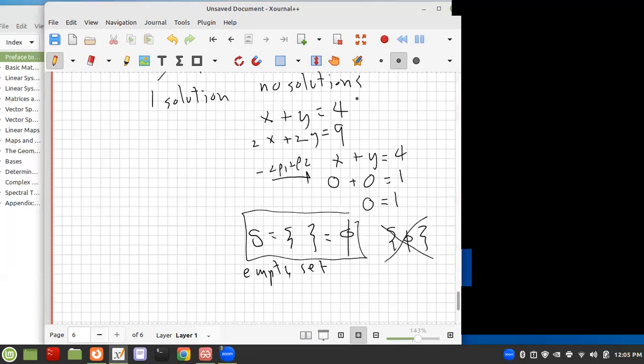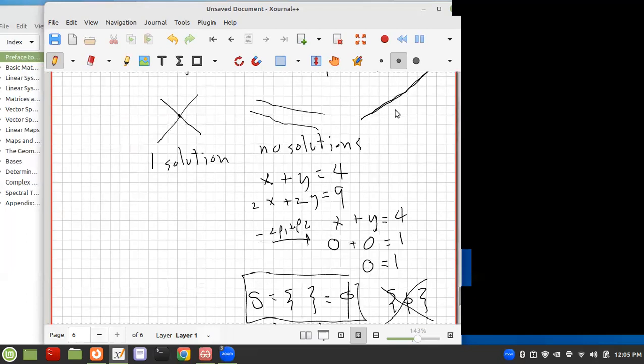Now, what about the last one? Well, this could be similar to this. Let's say I had x plus y equals 4 and 2x plus 2y equals 8. Well, this one then, you see, each term is twice the other one.